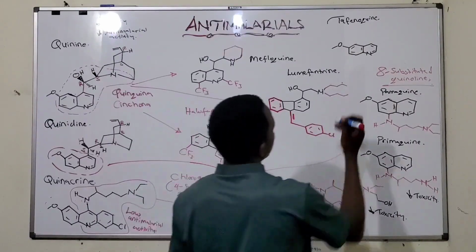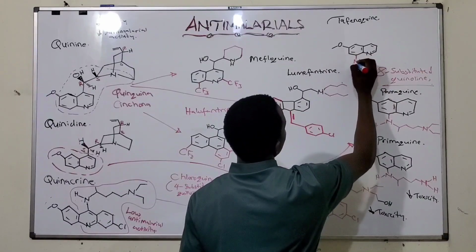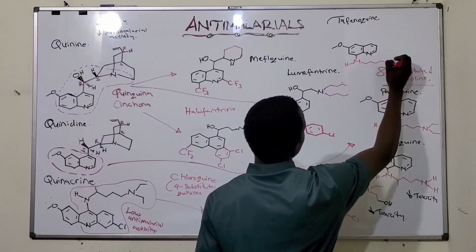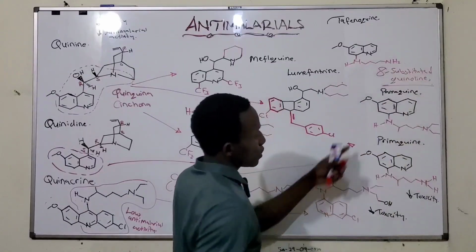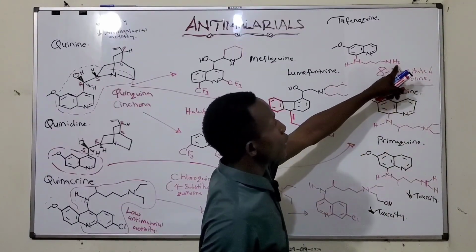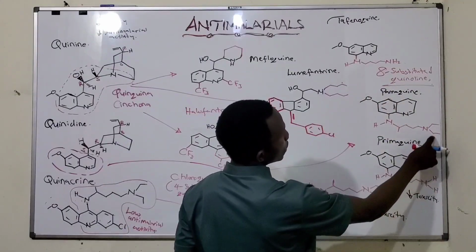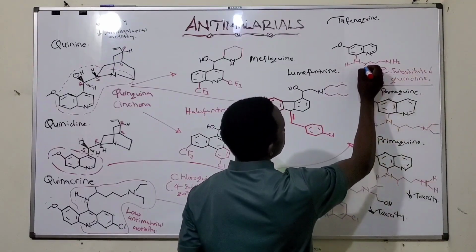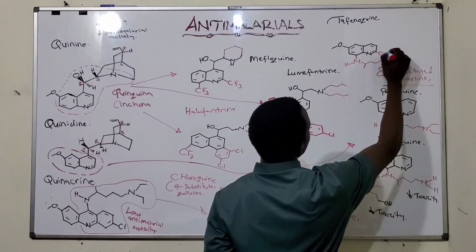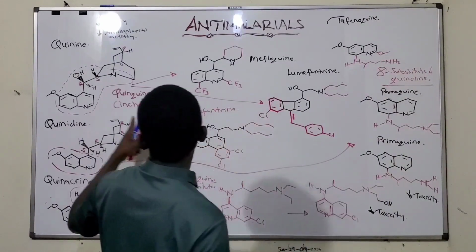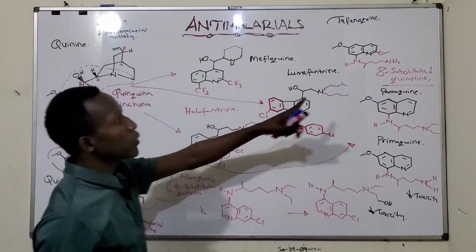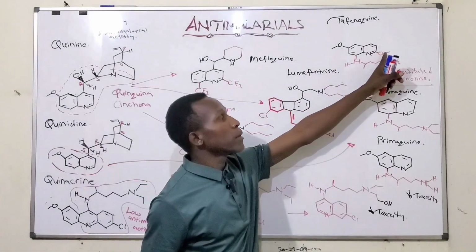So you have this N, H, H2. So still there is reduced toxicity. Here we have H2 instead of these methyl, the ethyl groups. Here there is a methyl. Now, remember this position here. We say that metabolism occurs here for quinine. Now they were substituted with methoxy group.